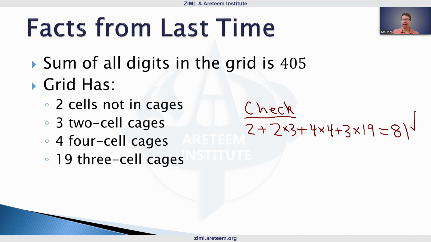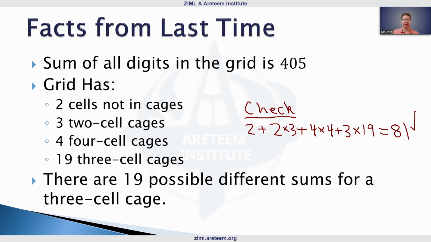Now, here is the important fact that we had from last time. This is going to be the key thing. There are 19 possible different sums for a 3-cell cage.